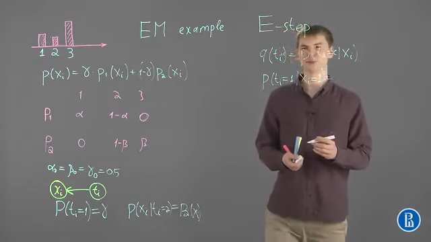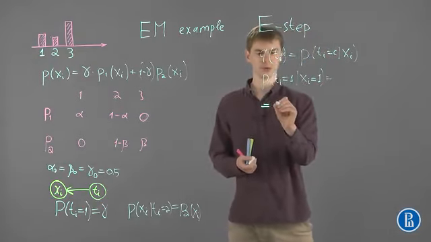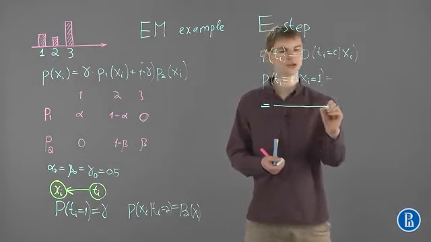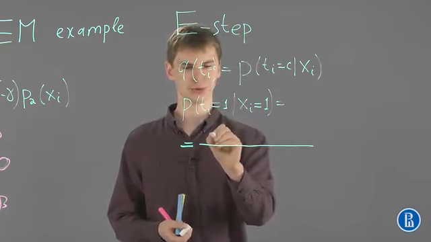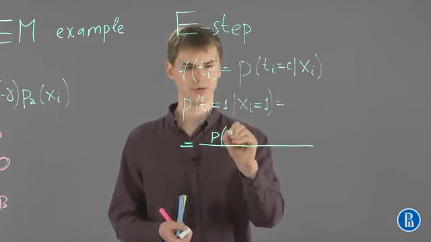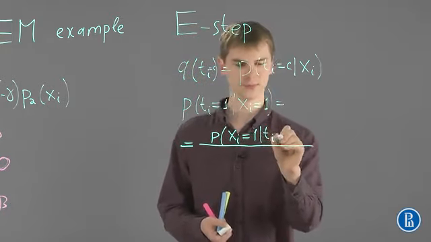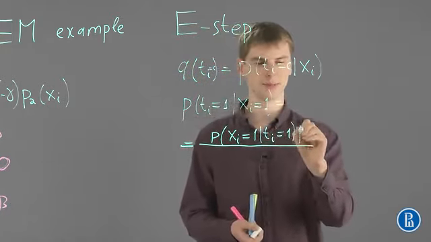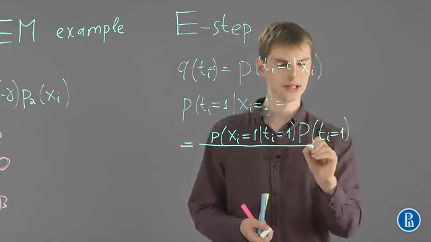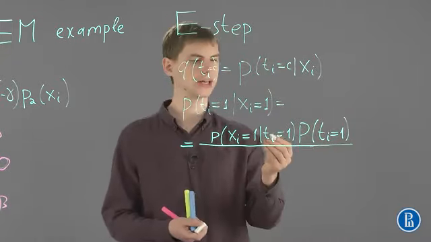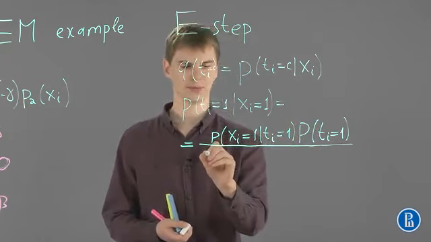We can find this expression by using the Bayes rule. This thing equals the following ratio. It's proportional to the joint distribution, P of ti and xi, which equals the P of xi equals 1 given ti equals 1, times the prior distribution P of ti equals 1, divided by the same thing summed over all the values of the latent variable.